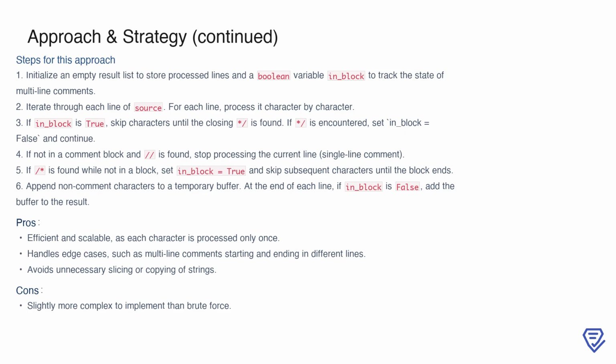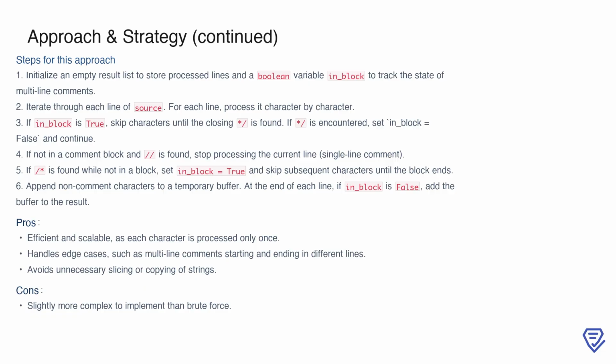If in_block is true, we skip characters until we find the closing delimiter. Upon encountering the closing delimiter, we set in_block to false and continue parsing. For single-line comments, encountering double slashes signals the end of processing for that line. If we find the start of a multi-line comment while not in a block, we set in_block to true and skip characters until the comment ends.